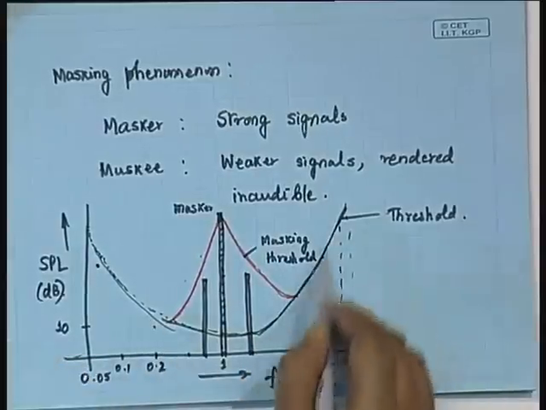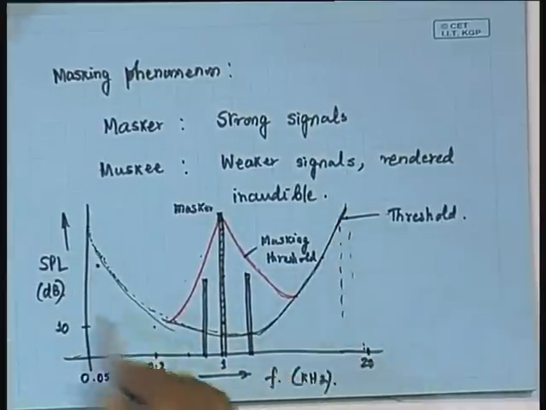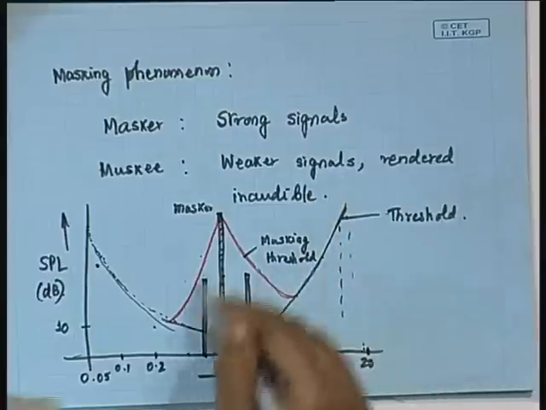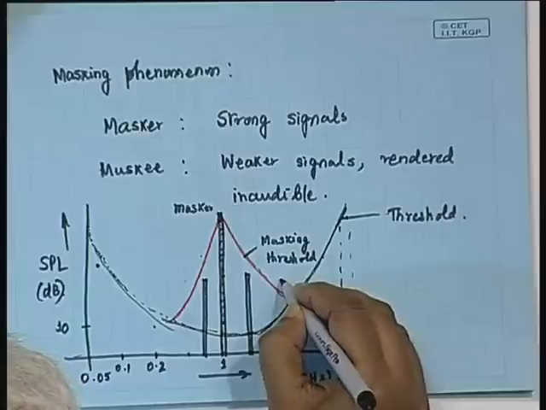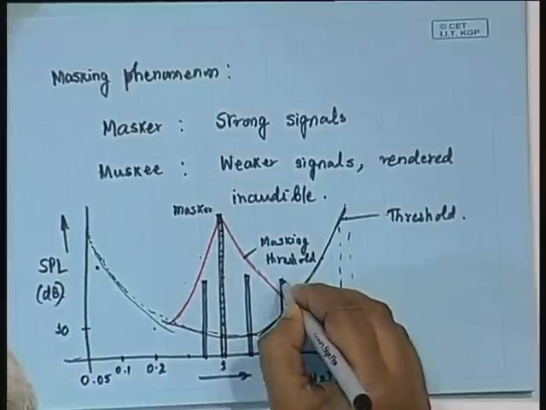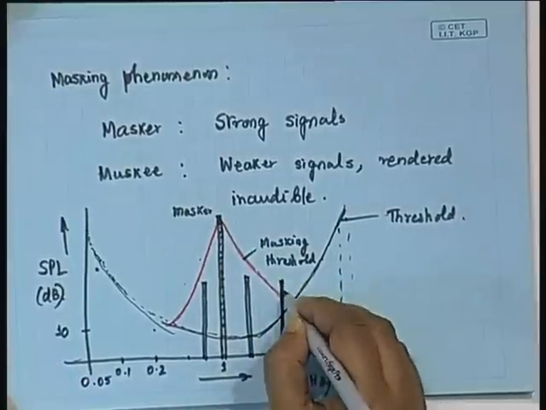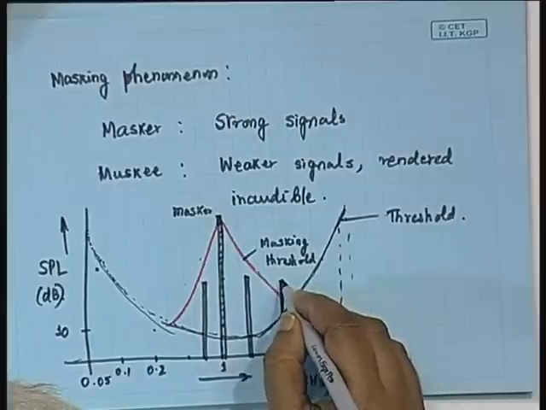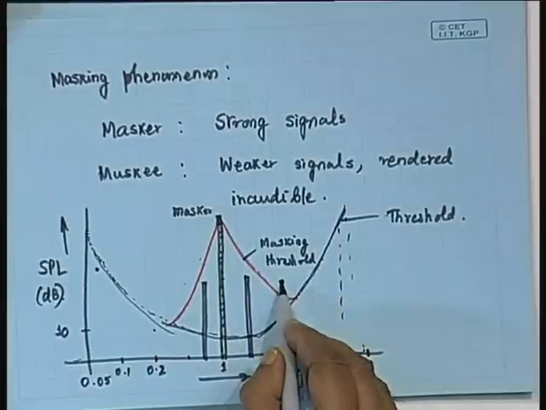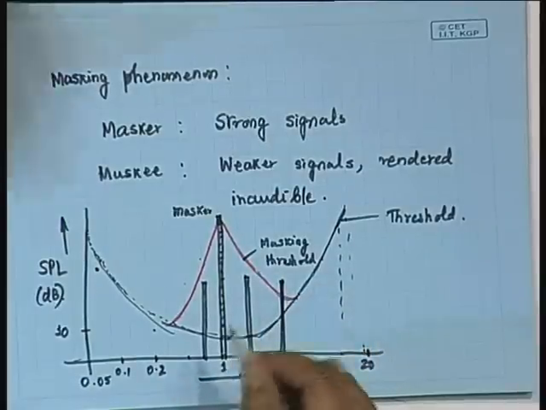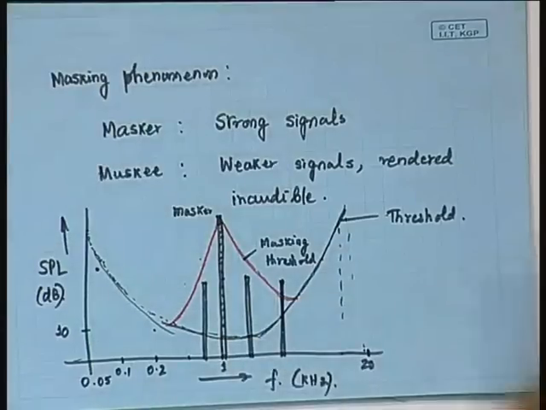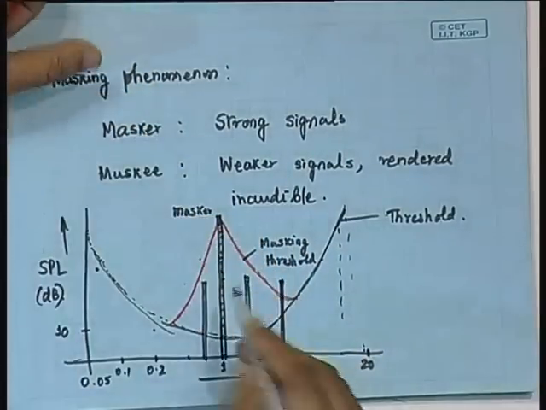Normally it would have been audible because it is above the auditory threshold, but it is below the masking threshold. If a sound source is present over here with this much frequency and this much intensity, then it is audible. Why? Because it is coming above the red line. So in order that it is audible, it should be above the red line.